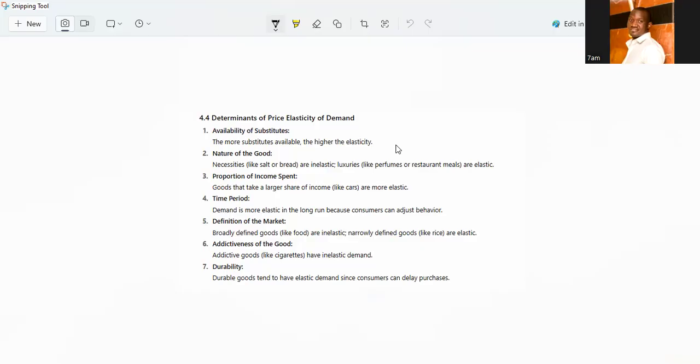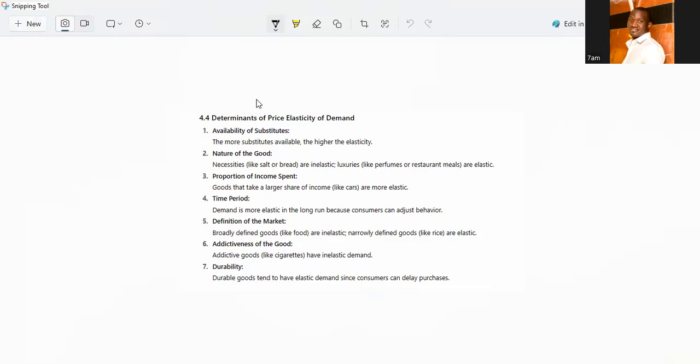If it has a narrow definition, it is elastic. The addictiveness of the good. Addictive goods like cigarettes are inelastic. When you say inelastic, you have no option. You buy. The durability also will matter. It tends to have elastic demand when consumers can delay purchases. All right. So why is elasticity of demand important?